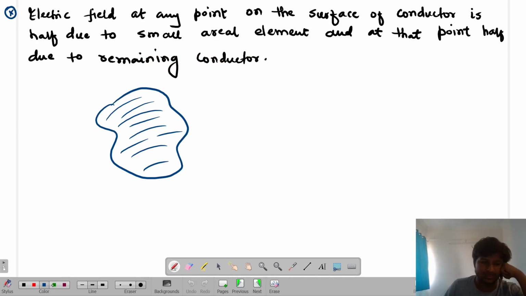So you can't calculate the electric field of a conductor without considering the small elementary area. Because if I do not consider the small elementary area, we do not know the total shape and size of the body. So there cannot be any kind of Gaussian surface, and we can't define in terms of sigma then, isn't it? So first we define what the elementary area is.